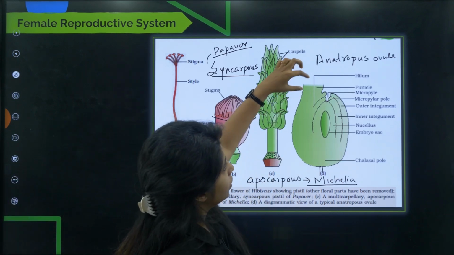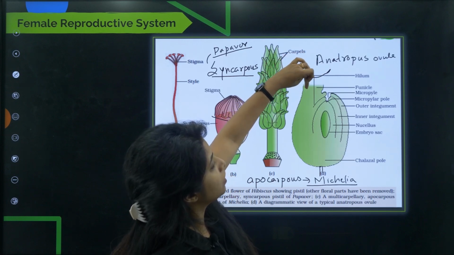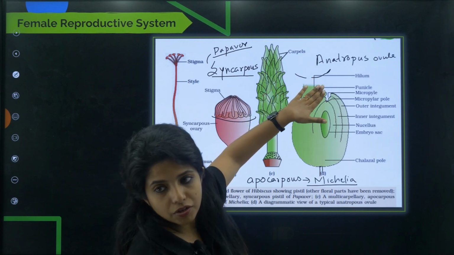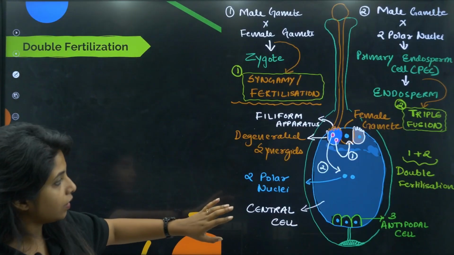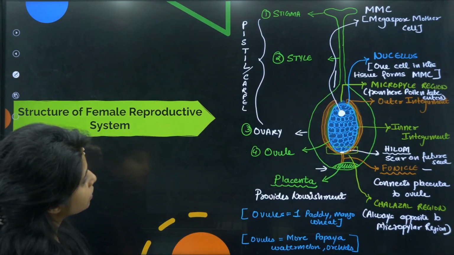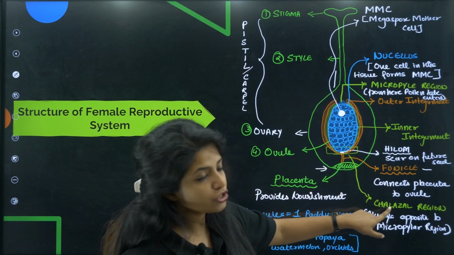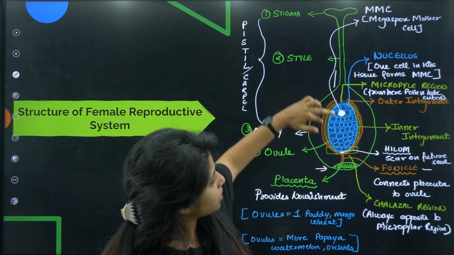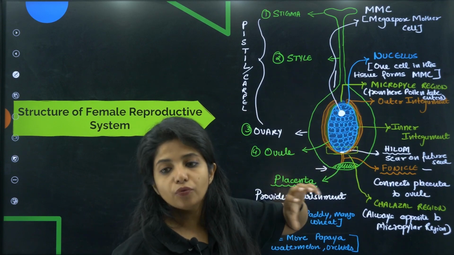There will be placenta somewhere over here, and funicle somewhere over here, and then the hilum here in the micropylar region. So your hilum has nothing to do with the chalazal pole, just understand that. If the placenta is somewhere here, the funicle will be like this. That is known as anatropous ovule.